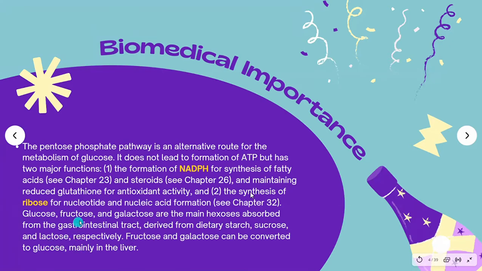Okay. Fructose can be converted to glucose. Isomerization, it's just an isomer, glucose. Galactose is also an isomer of glucose. So an isomerase can convert galactose to glucose. Okay?